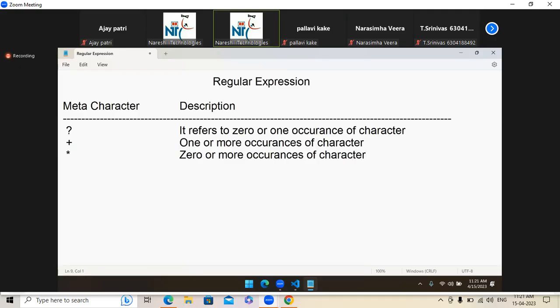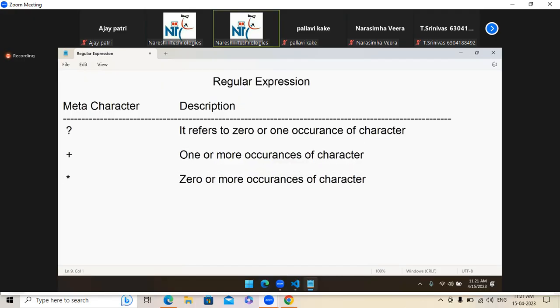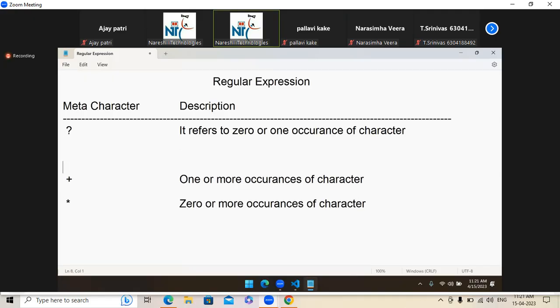Some examples I already told you. Suppose you are writing a pattern like COLOUR with question mark after the U, this refers to color and colour.